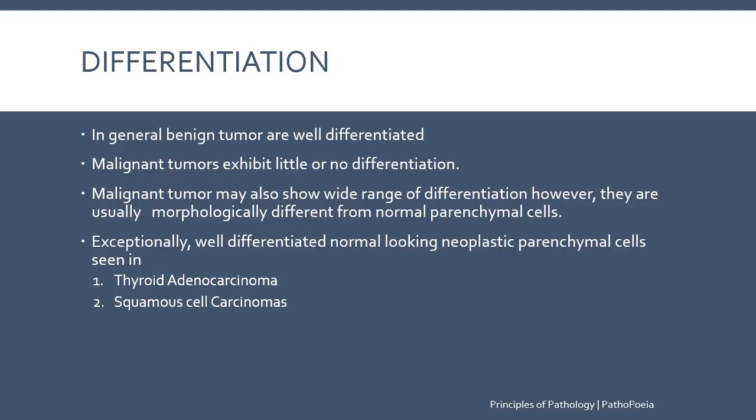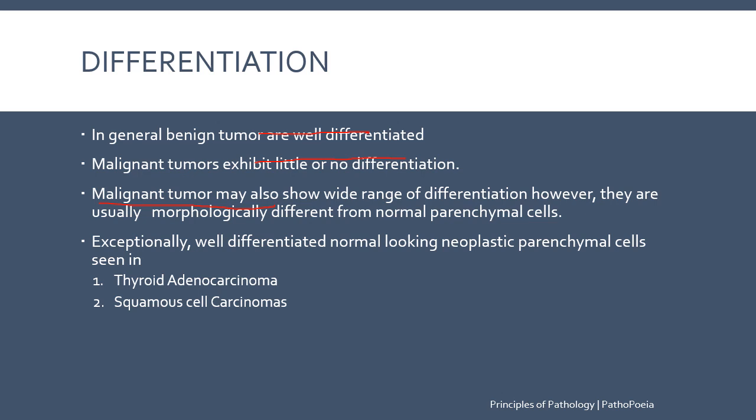Generally speaking, benign tumors are well differentiated. In contrast, malignant cells exhibit little or no differentiation. However, there are some exceptions wherein differentiation does occur. However, the new cells are still morphologically different from the parent or from the normal parenchymal cells.